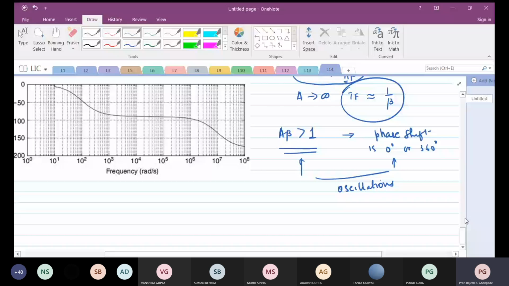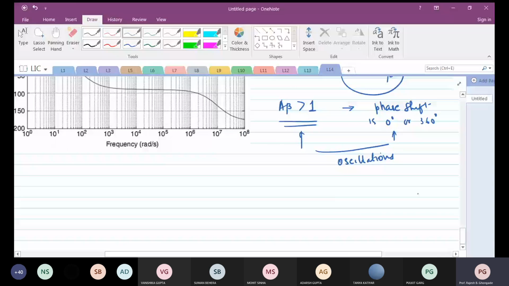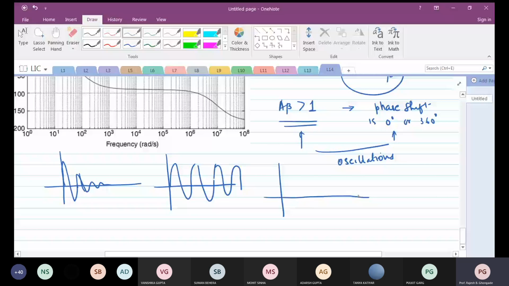Again, I say there are three types of responses from the point of view of stability. One is something like this: sustained oscillations, if you excite the network. And there is another type of response where it goes on increasing.